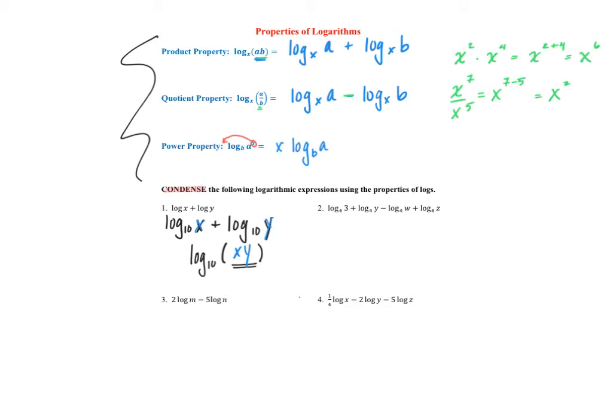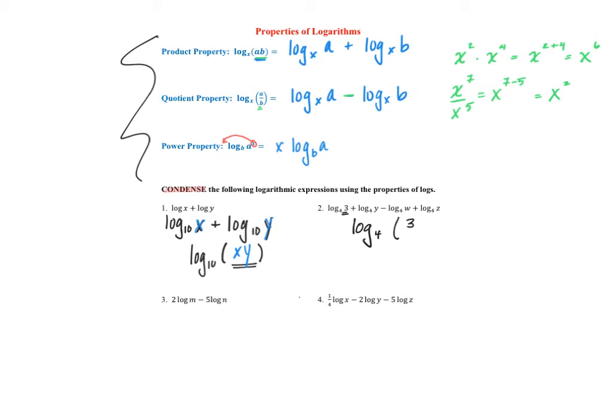All right, let's look at the next example. Each one of these has a log base 4. So I know when I write this as a single log, it is going to be log base 4. How do I combine those 4 logs into a single log? Well, I'm always going to start with that first argument. So I'm going to start with a 3. Now, the next log is added.